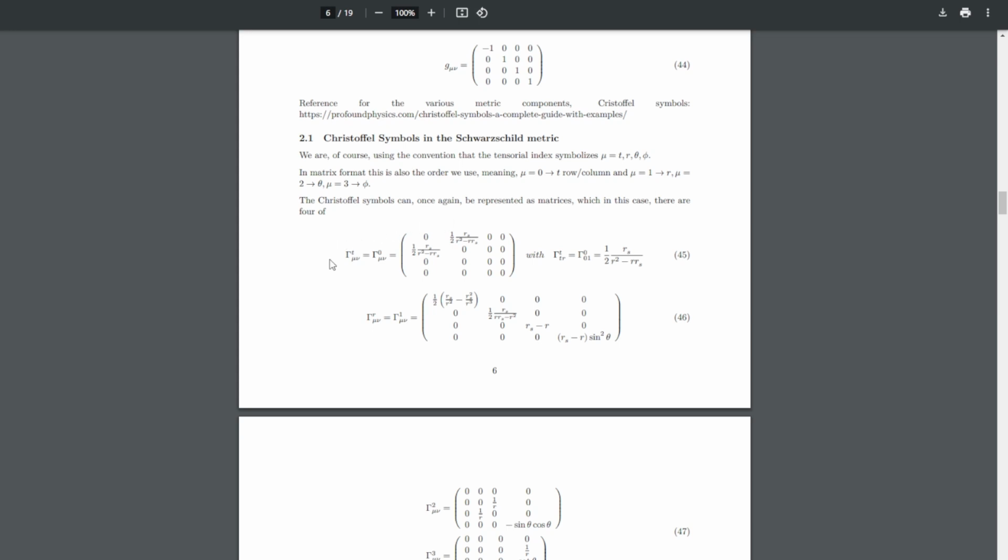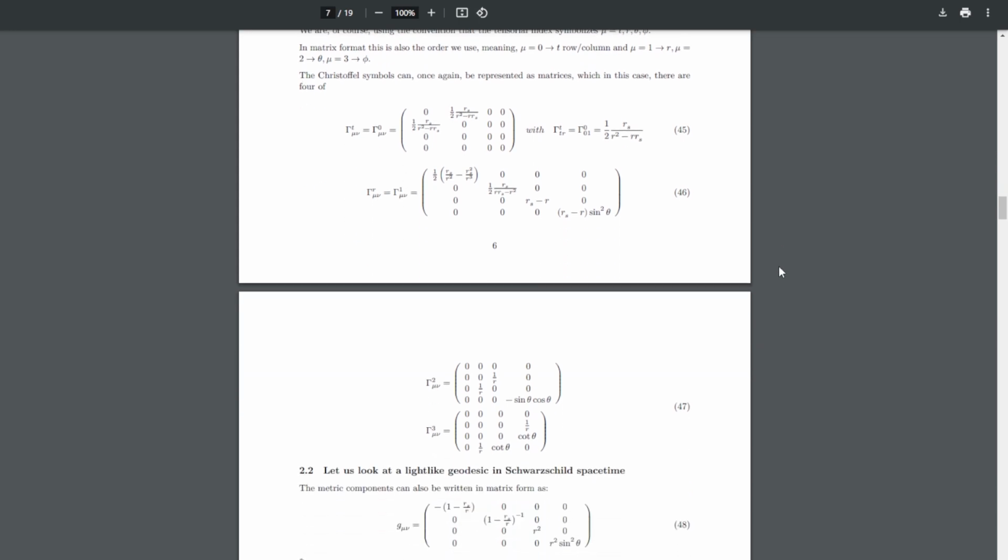Of course, the reference to how these Christoffel symbols are calculated is attached in the description if you want to look for yourself. But based on the Schwarzschild metric that we have, we end up with the following non-zero Christoffel symbols.